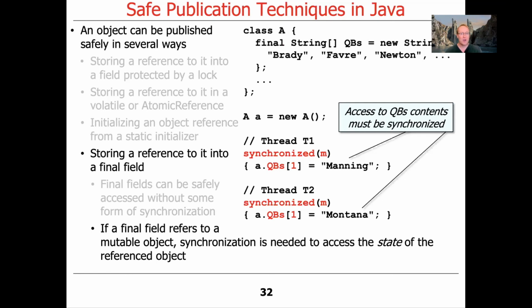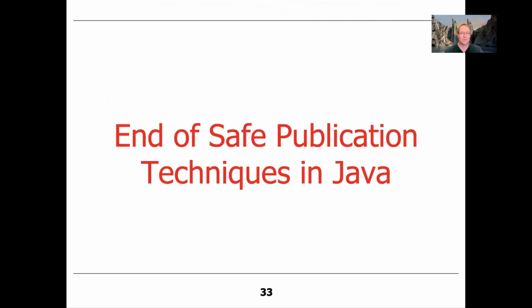And if you don't use the synchronized keyword here, if you don't have a synchronized statement, then all bets are off in terms of what happens, because even though QBs is final, the state that it refers to is not final. So in order to be able to make sure that that gets propagated properly, we need to wrap it with synchronized statements or some other synchronizer like a reentrant lock or whatever else we might want to use.